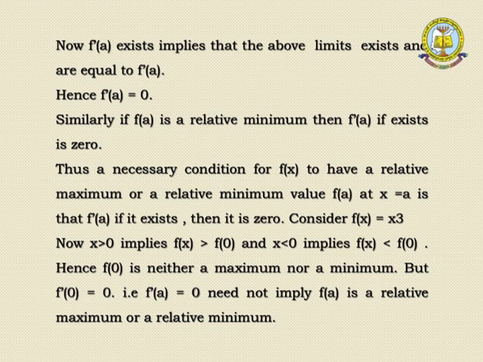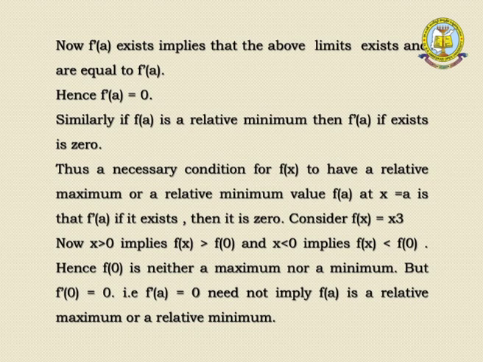Students, this is only the necessary condition for f of x to have a relative maximum or relative minimum, but it is not a sufficient condition. Why? Because if you take the function f of x equal to x cube, then when x is greater than 0, f of x is greater than f of 0, and when x is less than 0, f of x is less than f of 0.